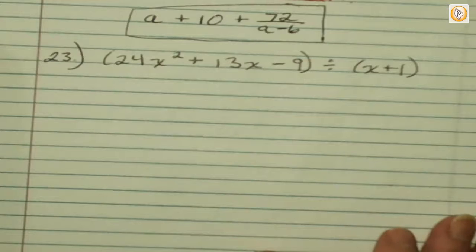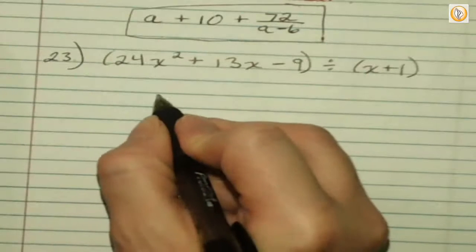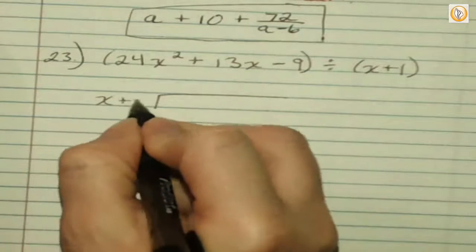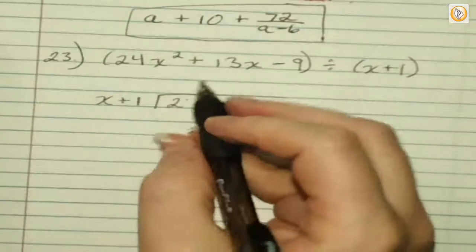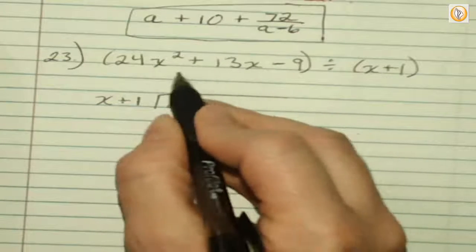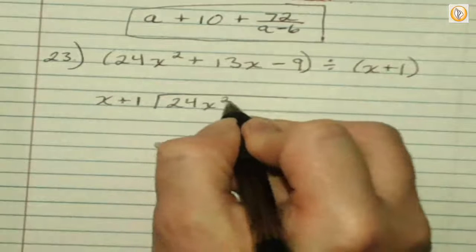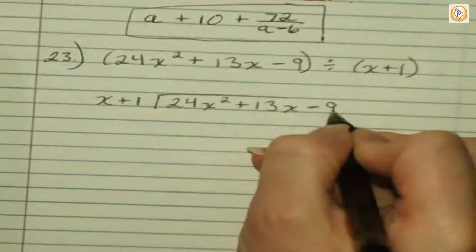We shall see. I'm going to make my house x plus 1 on the outside. Is this in descending order? Anything missing? Thank goodness. 24x squared plus 13x minus 9.